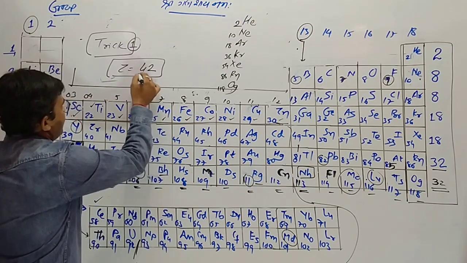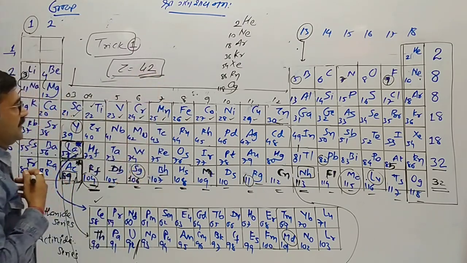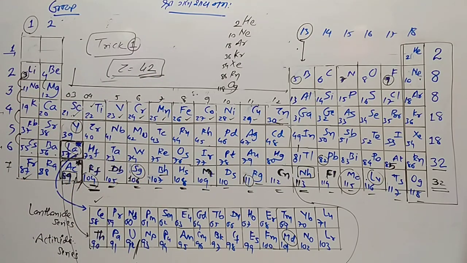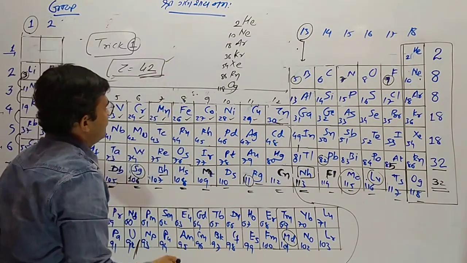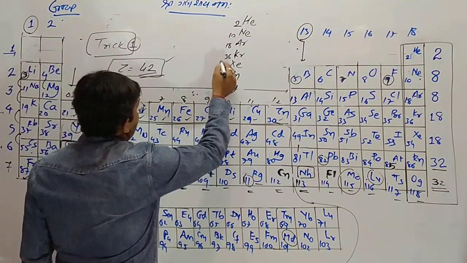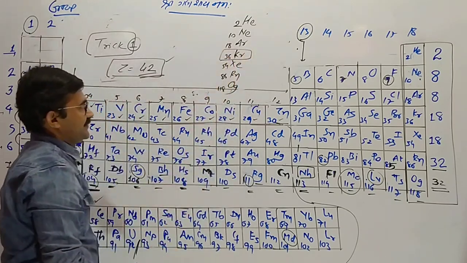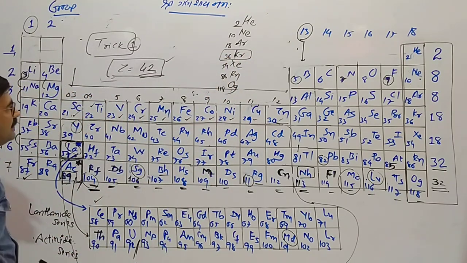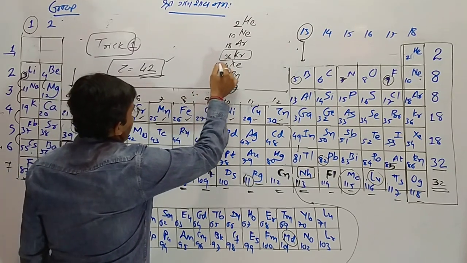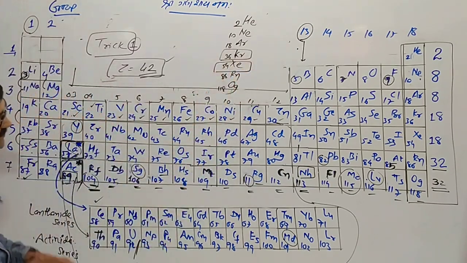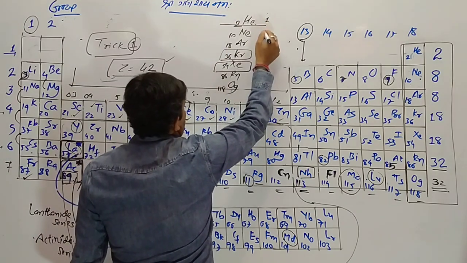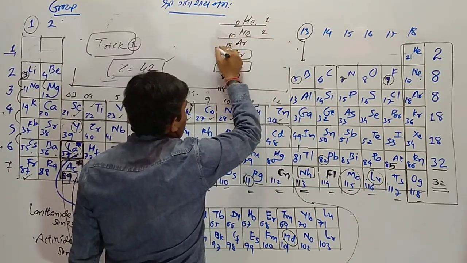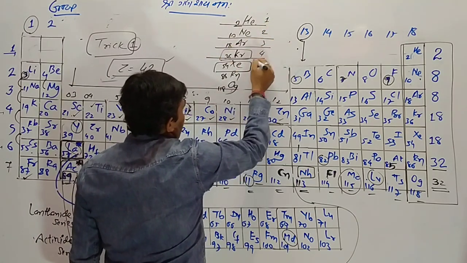Now 42 is our atomic number. Before that, which one is inert? Yes, krypton is inert. And after 42, which one is inert? Xenon. First we have to decide. Helium means first period, neon means second, then third, fourth.